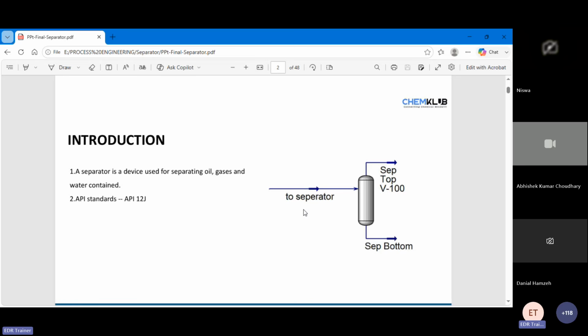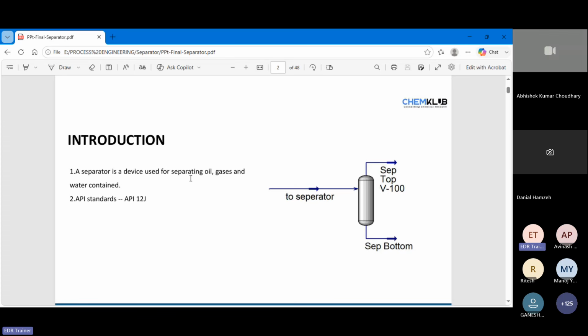Generally, API 12J, Shell, DP, GP, Aramco, ADNOC: each individual company has its own guideline to size a separator. But API 12J is the standard guideline to size the separator. The formula is the same when we are sizing the separator.